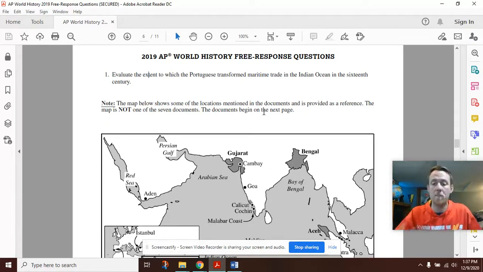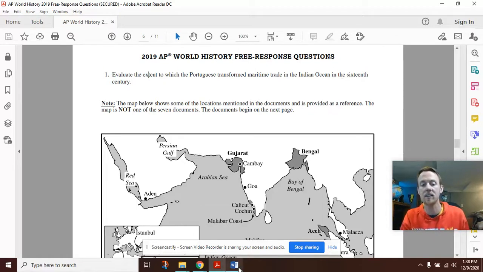If you're in a 5-body paragraph, one of your body paragraphs is going to talk about how they really changed warfare or how they made things more militaristic. Maybe another body paragraph will talk about how they kind of changed taxation, but they did not change the fact that Muslims still heavily dominated places like India as the rulers of that region. They didn't come in and change the leadership. Now all I have to do is come up with a thesis that reflects those ideas, and you're well on your way.